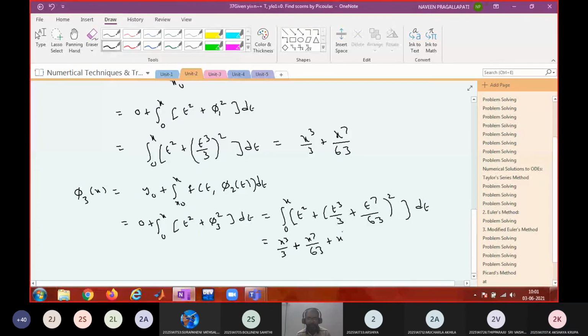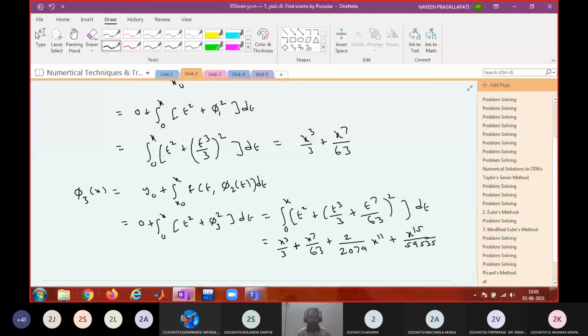What about the others? First tell the x power 11 coefficient. 2 by 2079. Plus x power 15 by 59535. Okay, so this is the expression.